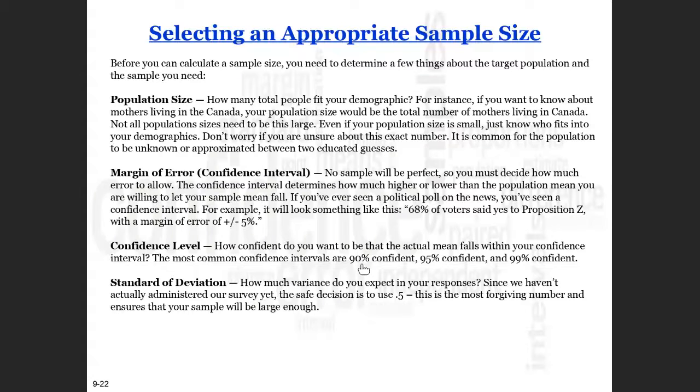That's a lot. Standard deviation: how much variance do you expect in your responses? Since you haven't actually administered the survey, the safe decision is to use 0.5. This is the most forgiving number and ensures that your sample will be large enough. You're measuring something and you don't want it to vary that much.